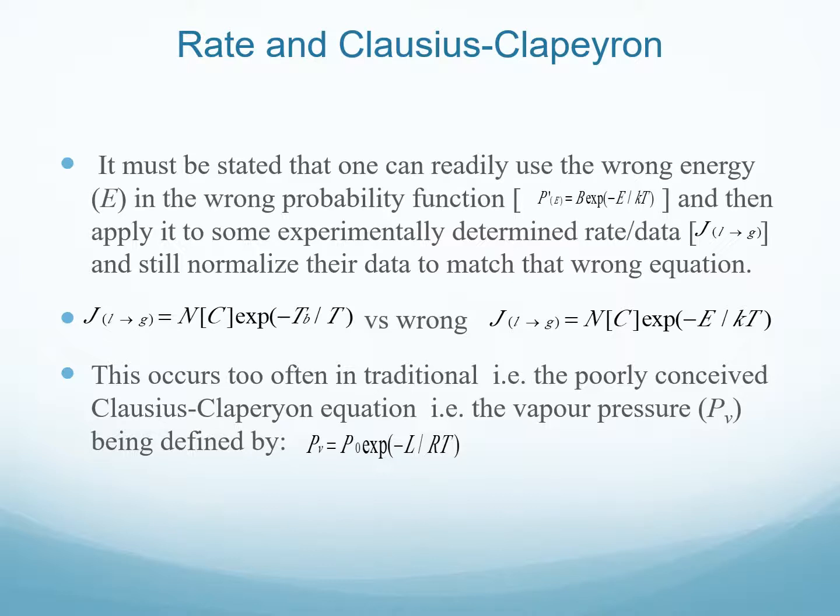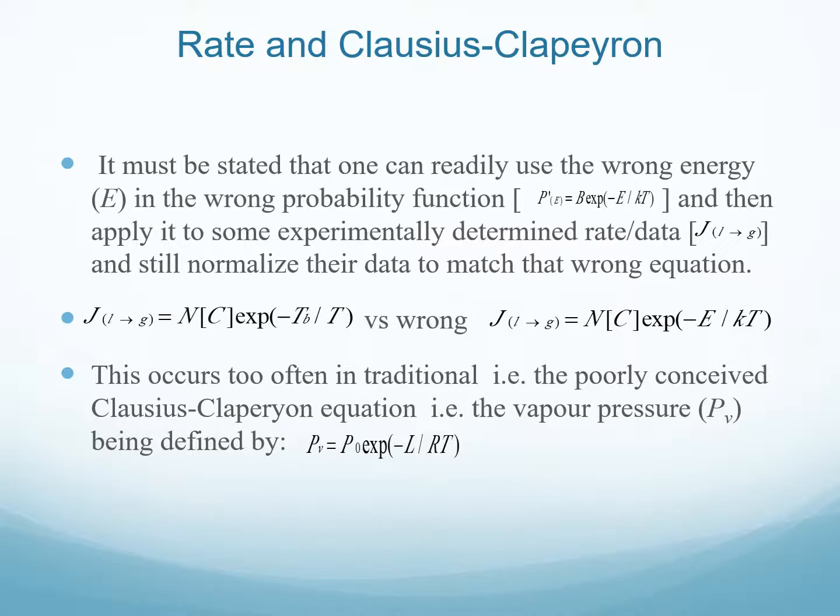This happens too often throughout thermodynamics. Probably the most often it happens is in the poorly conceived Clausius-Clapeyron equation, which gives us the vapor pressure as defined by the following equation. Now, I have determined equations that are similar to the Clausius-Clapeyron equation in my book, and it's derived from first principles.